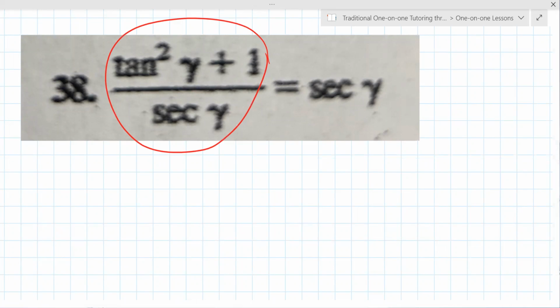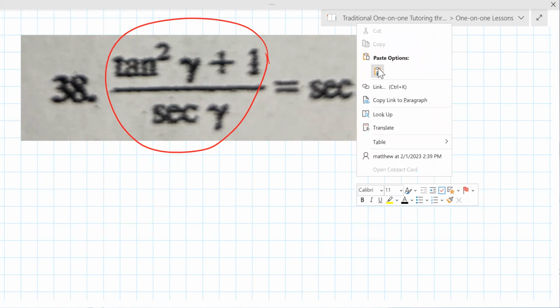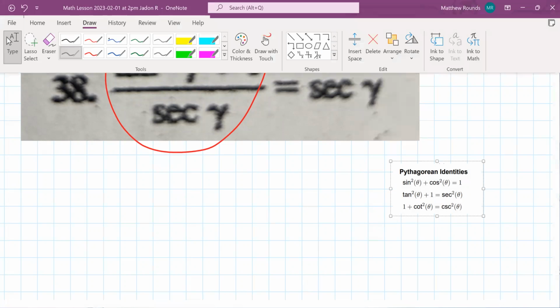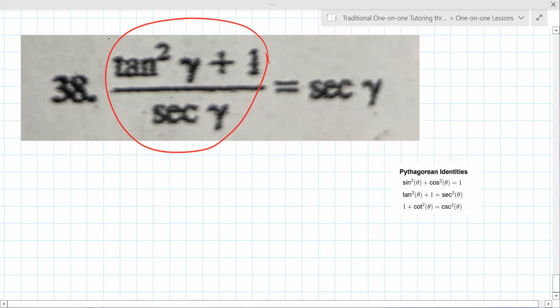All right, now whenever you see a squared plus 1, you're supposed to think immediately that that's a Pythagorean identity. So can you tell me what the numerator reduces to? Secant squared. Yeah, secant gamma.